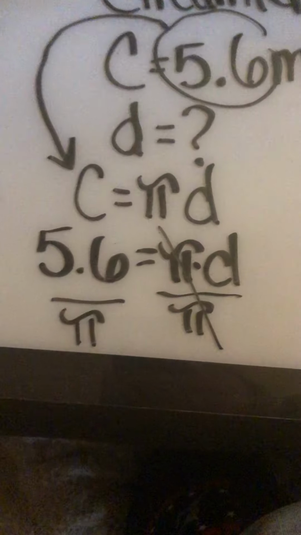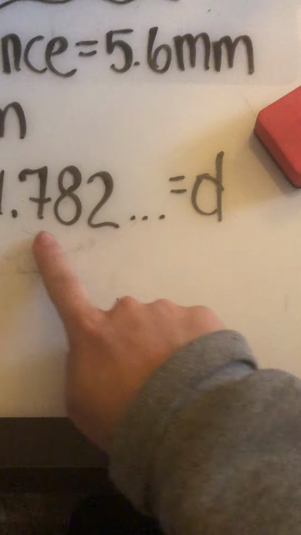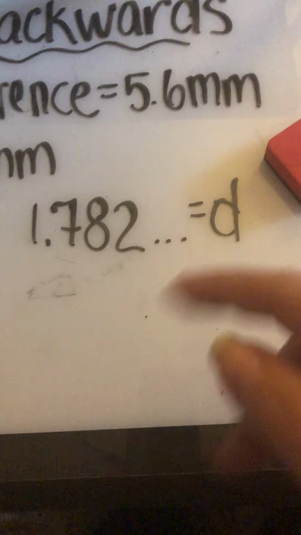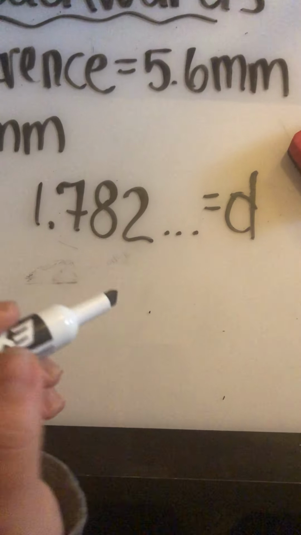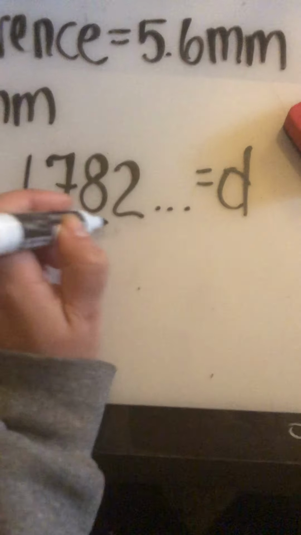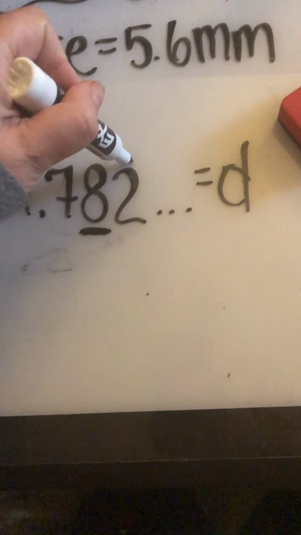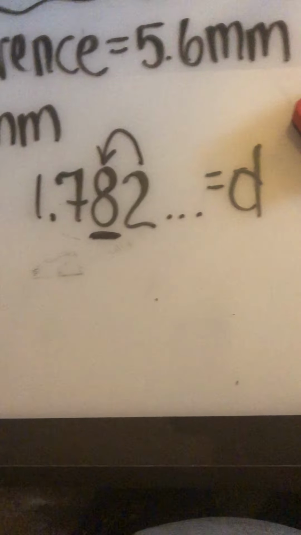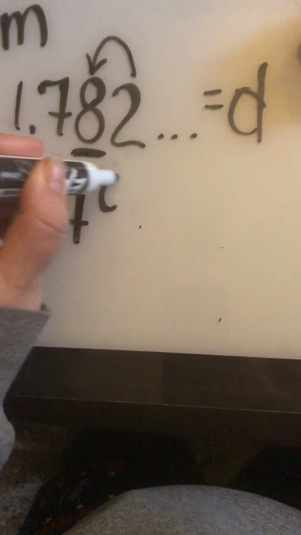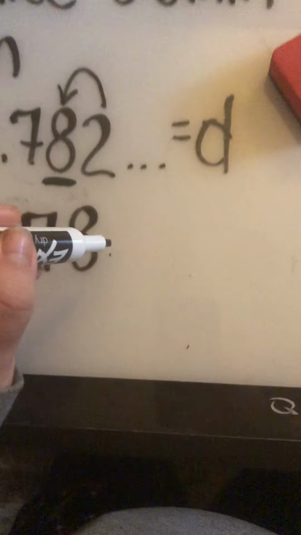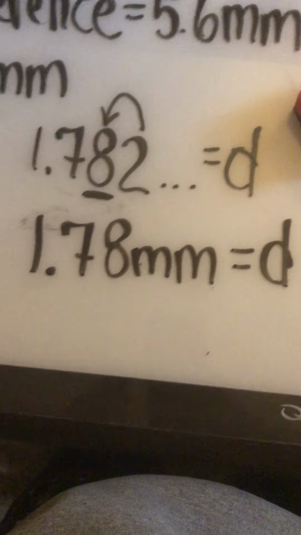Because remember, in our equation, we canceled this out, so we're left with diameter on the right side. So it's going to be our quotient equals diameter. And the problem rounds to the nearest hundredths. So 8 is in my hundredths place, which is the second digit after the decimal. So we take 2, tells us to keep 8 there. So our final answer would be 1.78 millimeters is going to be our diameter.